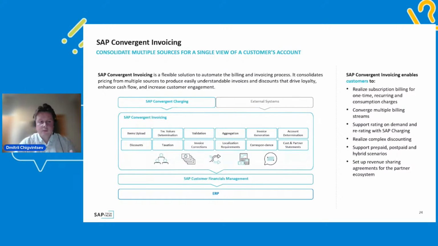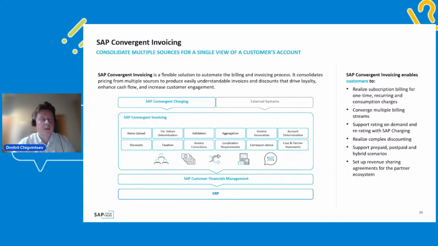And what can we do with this billing item after that? Convergent invoicing provides an opportunity to generate invoices based on the billing item. It also determines GL accounts and tax rates, because it's really important for the accounting postings. After convergent invoicing, we push all the data to the finance modules, so all the data should be predefined for the successful posting of the accounting entries.